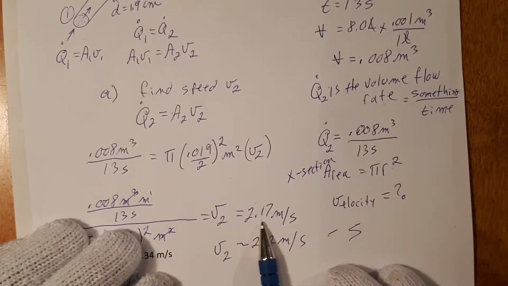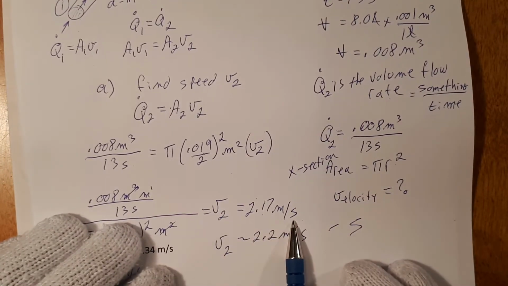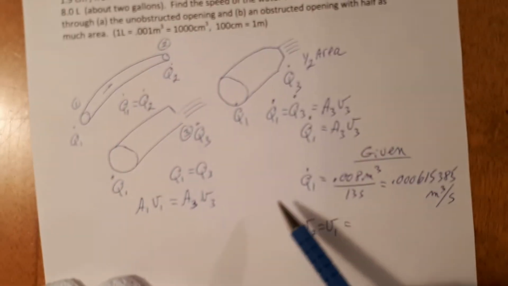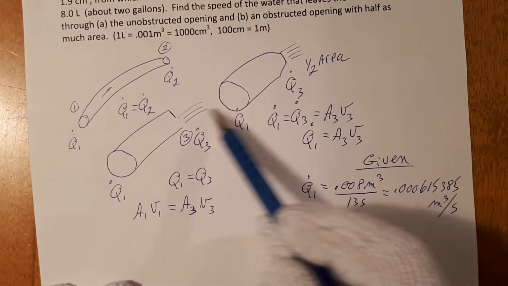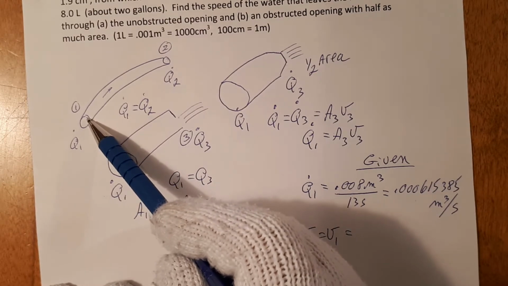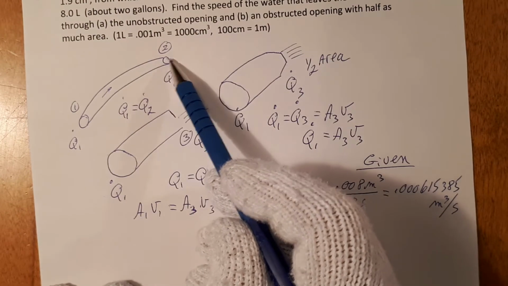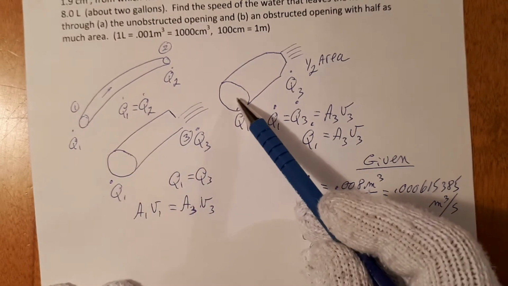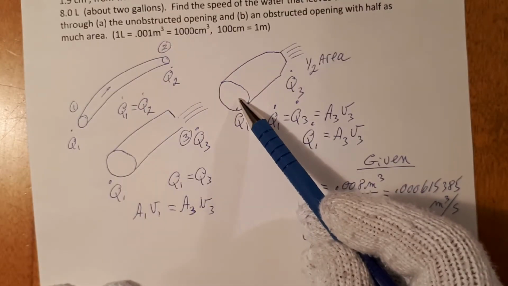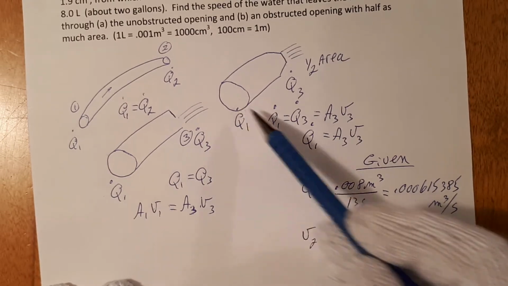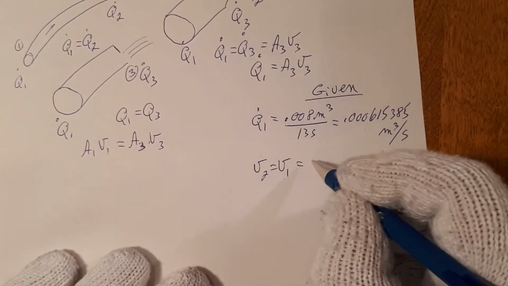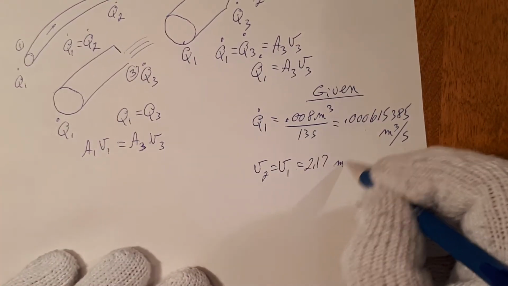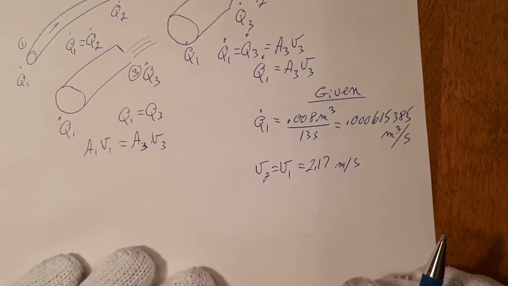Velocity 2, we calculated to be 2.17 meters per second. So going back, remember this is that part right here. We calculated what the velocity was there, but since this is uniform, that velocity must be exactly what it is here. So that puts us at this point here. So V1, velocity at 1, must be 2.17 meters per second.